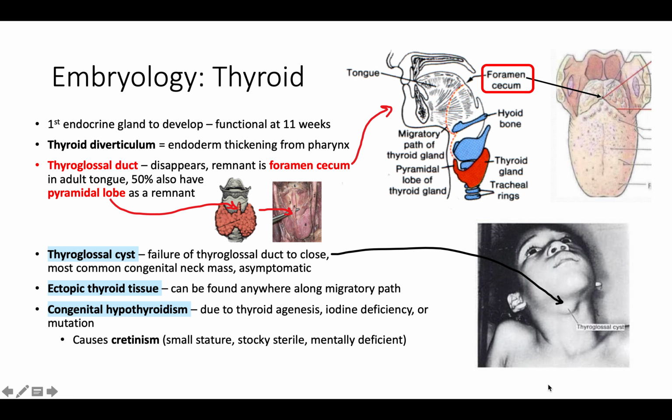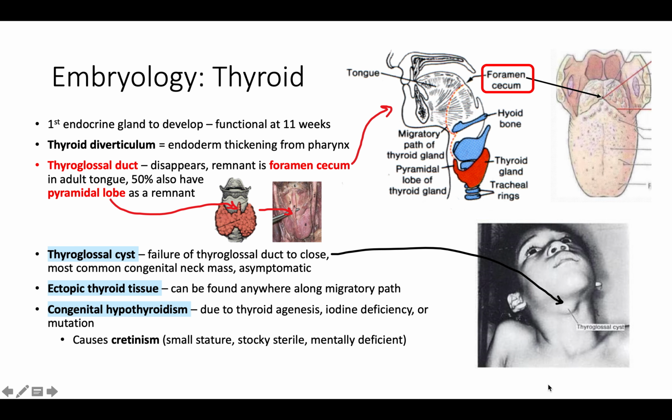So the thyroid is really important to talk about as far as where it derives from. It's becoming functional at 11 weeks, but the thyroid diverticulum is that endoderm thickening from the pharynx, and the thyroglossal duct disappears, and the remnant is the foramen cecum.